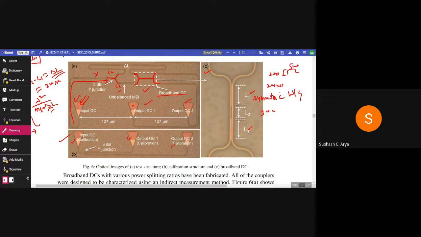However, in the asymmetric waveguide, we have 600 nanometer waveguide width, another one 400, separated by 300 nanometer. The height is common, that is 220 nanometer. And the section below is used only for calibration purpose, to assess how much power is lost in the grating couplers as well as the Y branch.